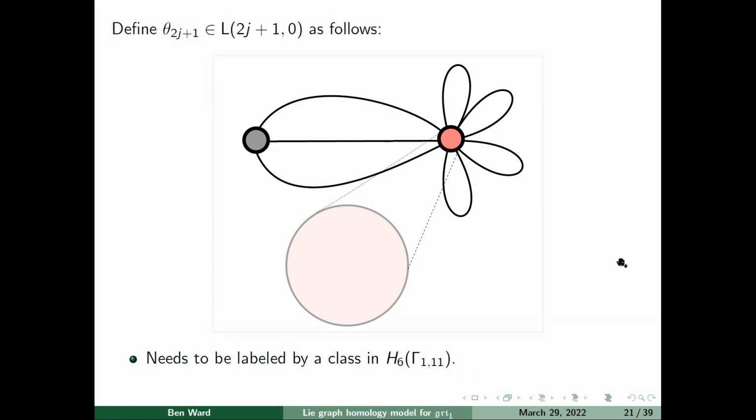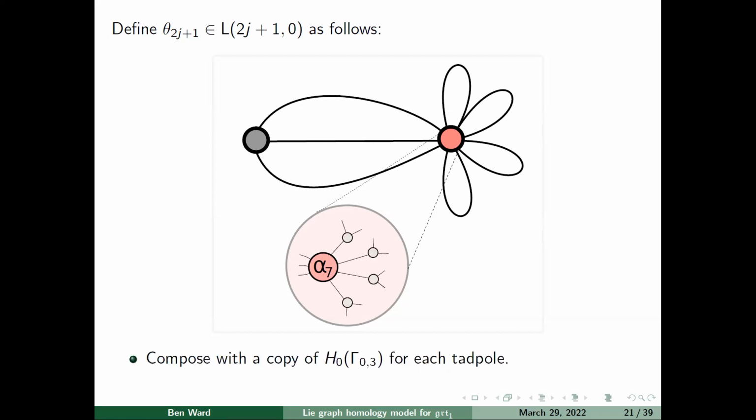I know how to find a class in H6. That's this alternating class, but it only has 7 inputs or outputs. So I'll compose with a copy of the commutative product, or a gray vertex, for each tadpole. When I do that, it gets up to 11. That's good, because the result is where we need it to be.